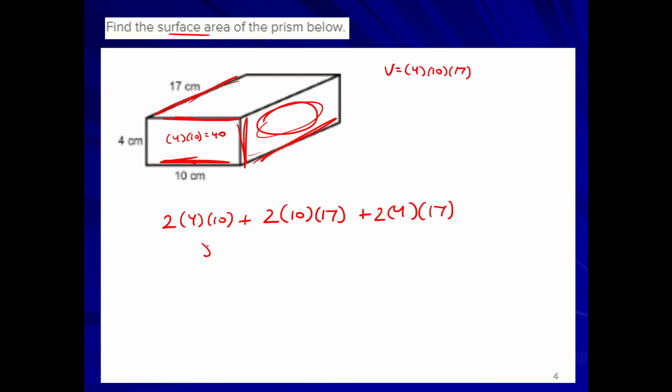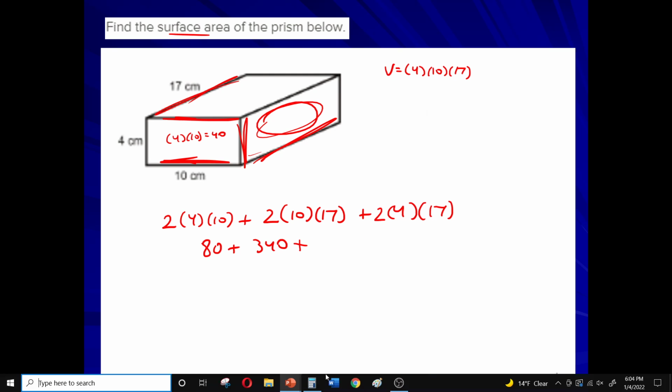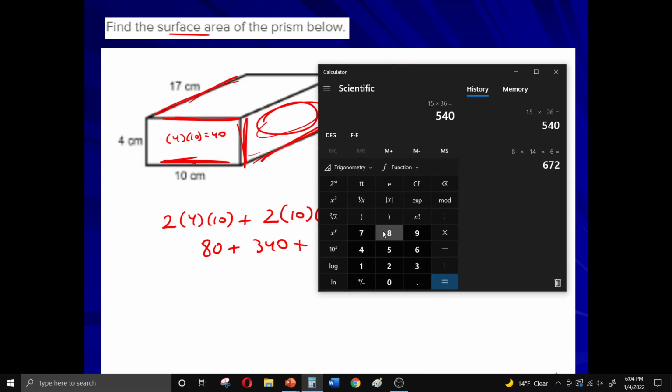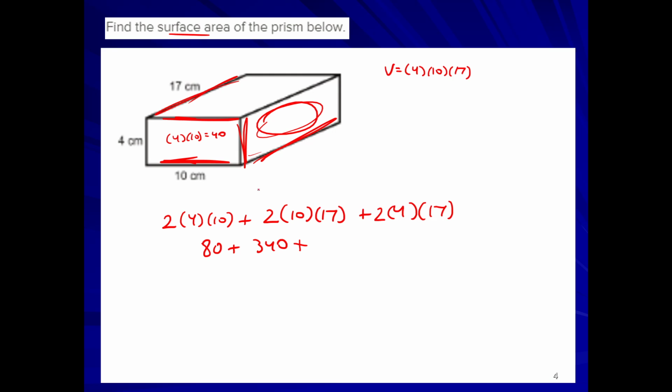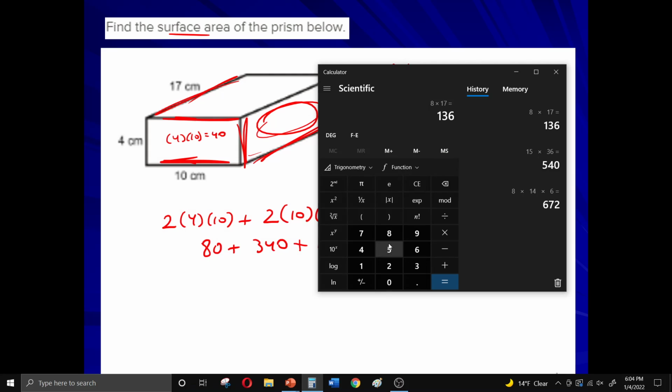So this would be 80. This would be 340. And this would be 8 times 17. Hold on. Arithmetic, not my strong suit, as you know, 136. All right, and then we'll add those up.